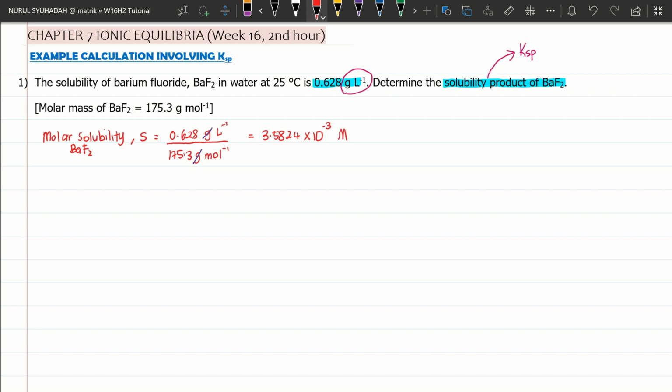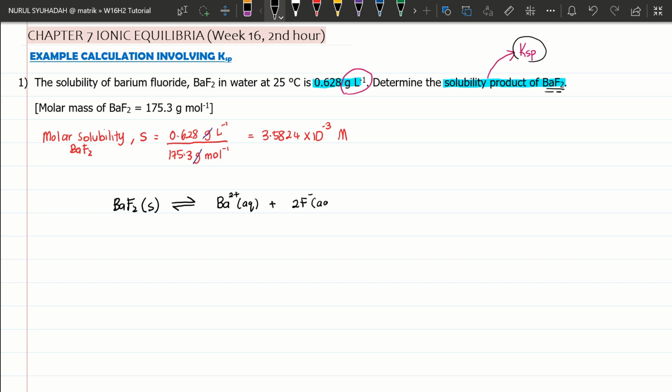The second step adalah kita tulis dia punya ice table. So to construct the ice table, first you need to have the chemical equation. So chemical equation kita sebab kita nak cari KSP untuk BaF2. So maksudnya BaF2 lah yang kita akan dissociatekan. So BaF2 sebelah kiri wajib mesti solid. So arrow in equilibrium. So the ions Ba2+ aqueous plus 2F- aqueous.